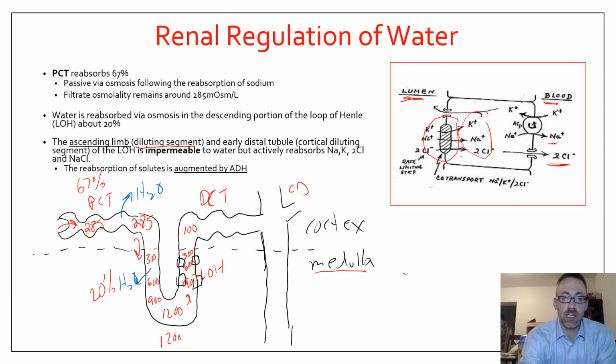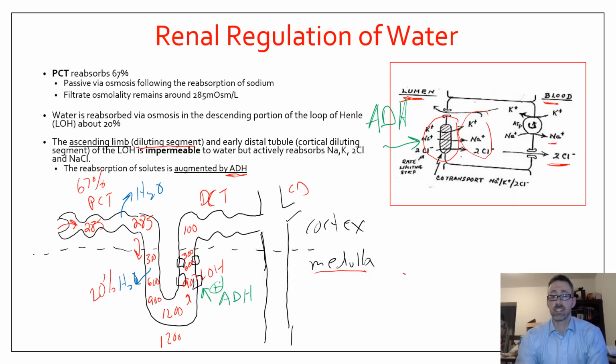But the last point I want to make is about ADH. I said ADH is for reabsorption of water, but at this point, just to point out that ADH augments the activity of this receptor. So here, ADH, I'm going to put a little positive sign. It enhances its activity.